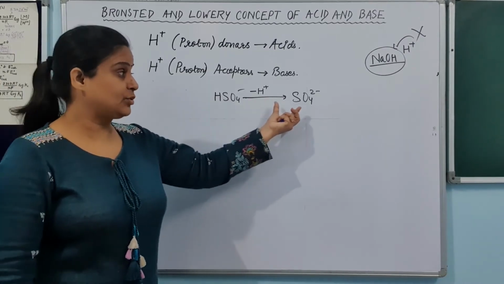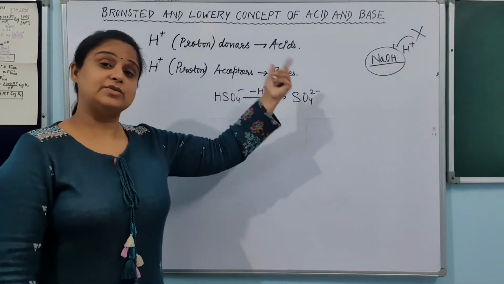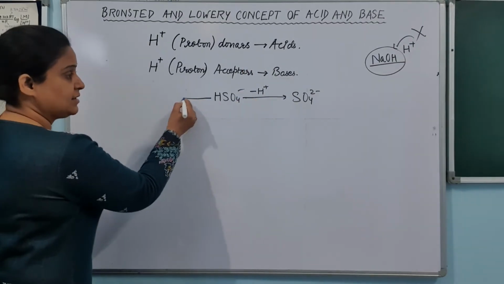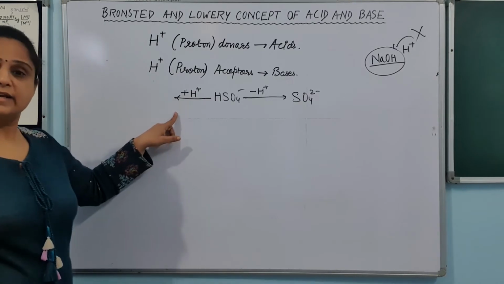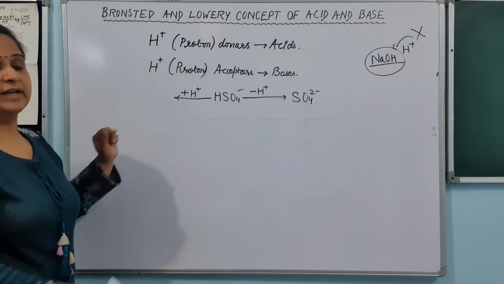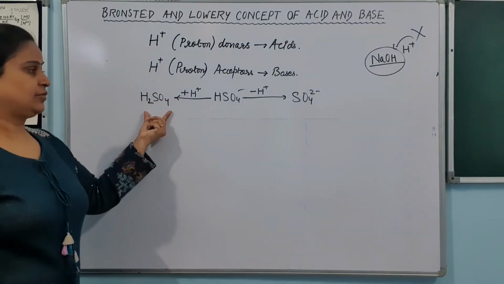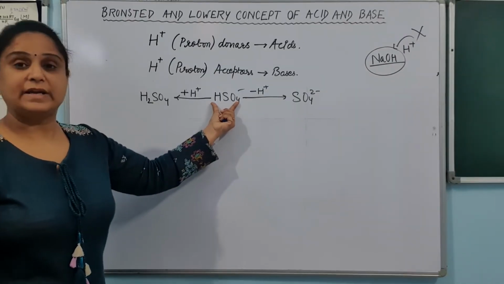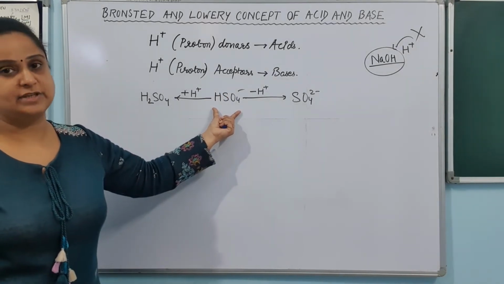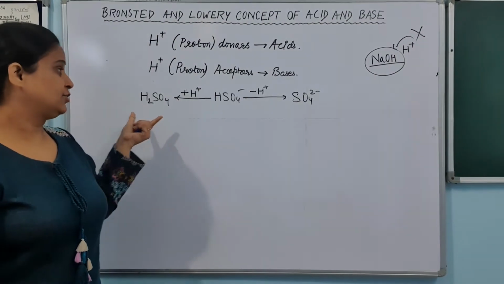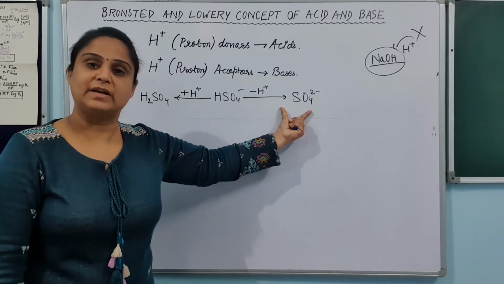If you are removing one more, there will be minus 2 charge on it. Now just imagine, can it gain H plus ion? Yes, it can gain 1 plus ion. क्या बनेगा? It can convert into H2SO4. So this HSO4 minus species will be named as amphoteric species because it can gain to form H2SO4 and it can lose to form SO4 2 minus.